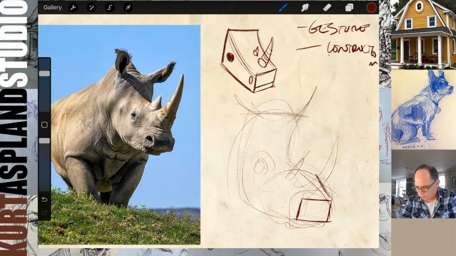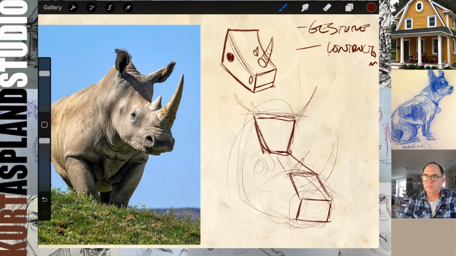Maybe this is a bit of a wedge coming up here, right? Comes back. And then what if this is a nice round shape over here?